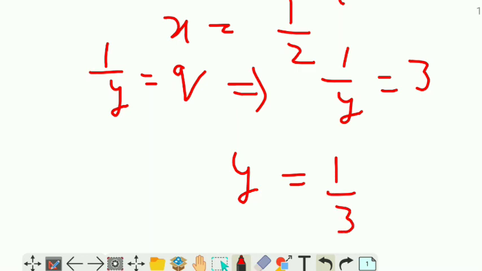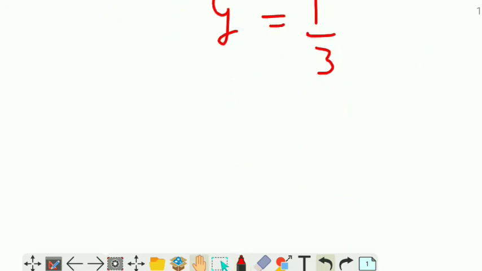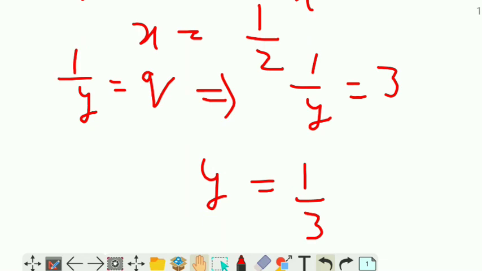In this way we will find the values of x and y when the equations are not given in the form a1x plus b1y plus c1 is equal to 0 and a2x plus b2y plus c2 is equal to 0. So our first priority will be to first convert those equations into the standard form of a pair of linear equations in two variables.